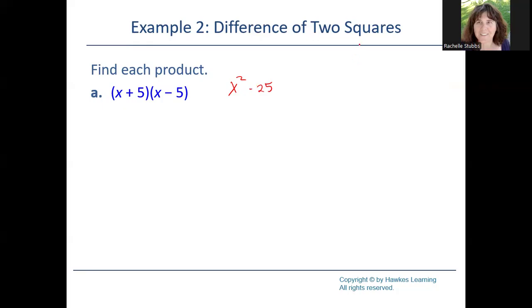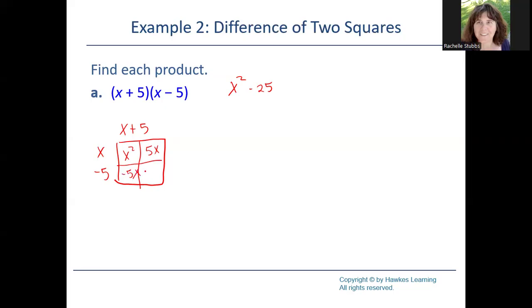However, just so you can see, if I took this x plus 5 and x minus 5, x times x is x squared. x times 5 is 5x. Negative 5 times x is a negative 5x.